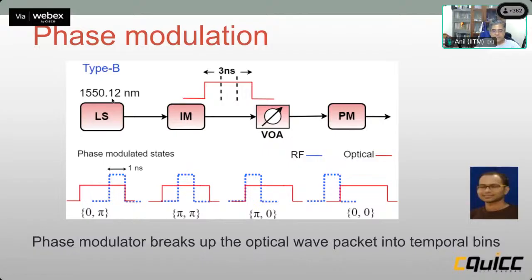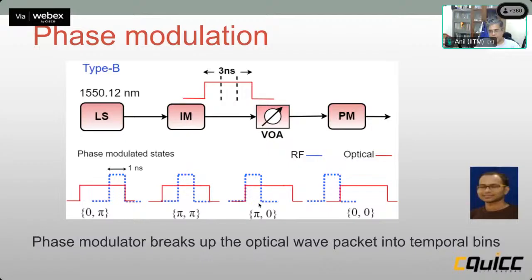So you can just take the laser, use an intensity modulator to make it into a 3 nanosecond pulse, apply an optical attenuator to bring it down to a single photon, apply the phase modulator, and depending on where the phase modulator, which is this dotted blue line, is sitting, you will get either a 0 or a pi phase shift, or if it's sitting in the middle, you get a pi phase shift because you have 2 times you are adding the phase.